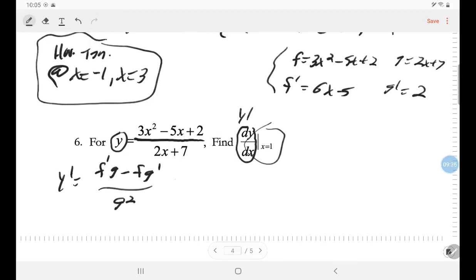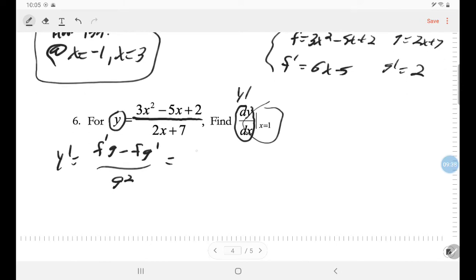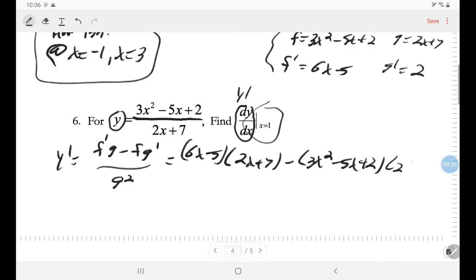So what do I get? My f prime is 6x minus 5 times my g, 2x plus 7, minus my f, 3x squared minus 5x plus 2 times my g prime 2 all over my g, which is 2x plus 7, quantity squared.